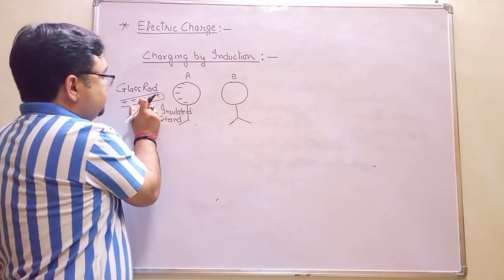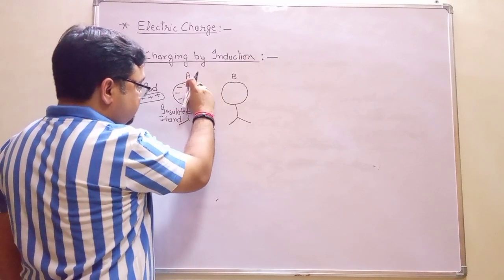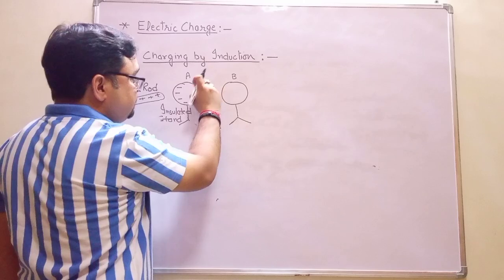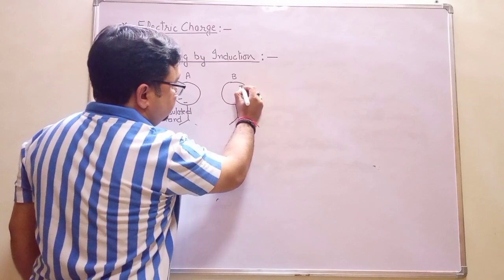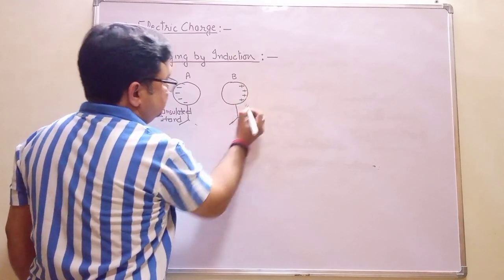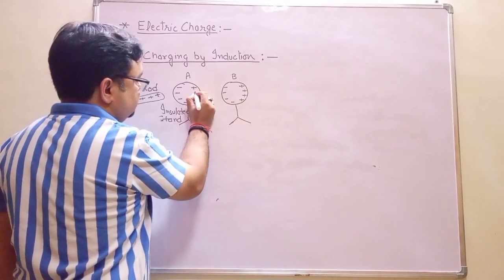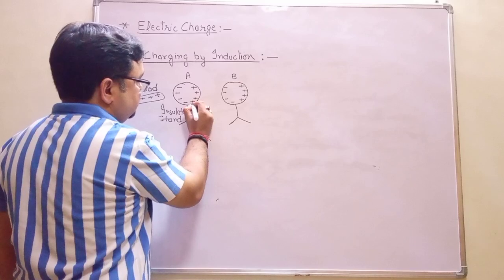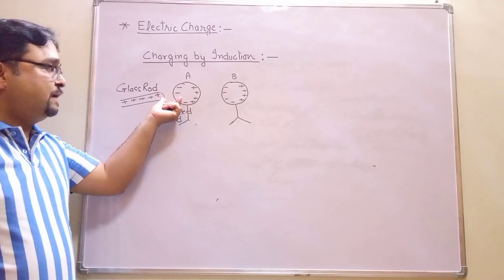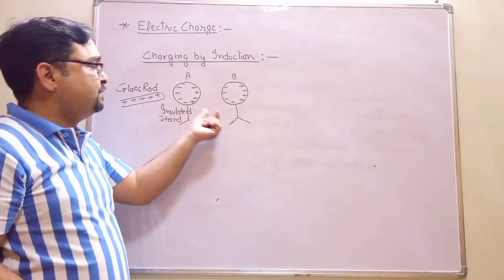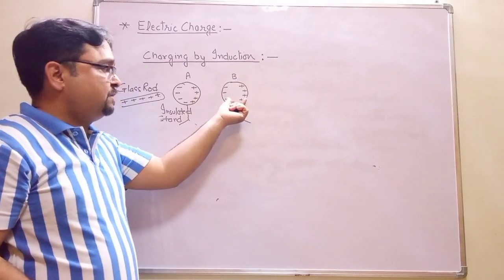And because of this, the positive charge of this metal sphere, as well as this metal sphere, will be shifted towards the right side. So this is the negative charge on the left surface, this is the positive charge on the right surface. Again, negative charge on the left surface and positive charge on the right surface.